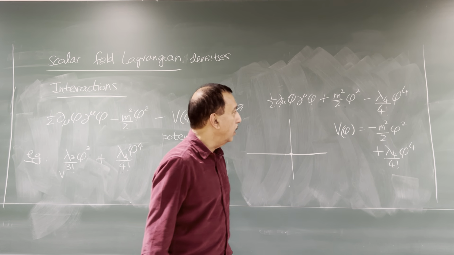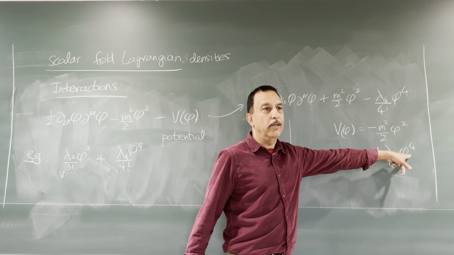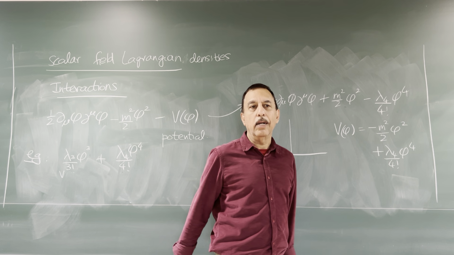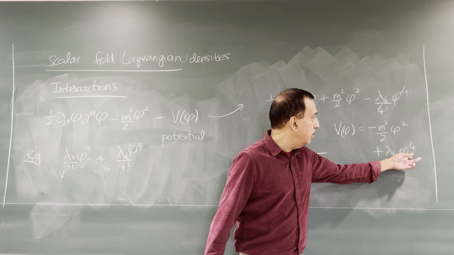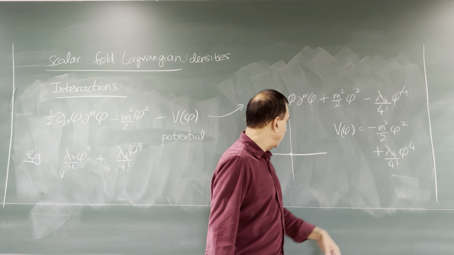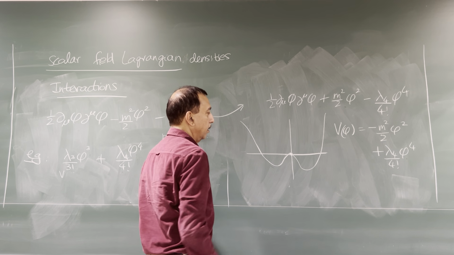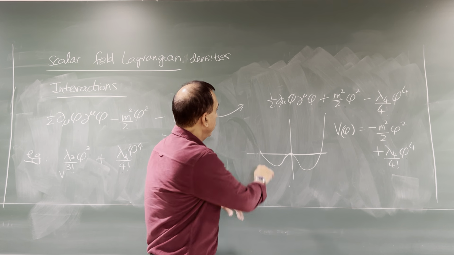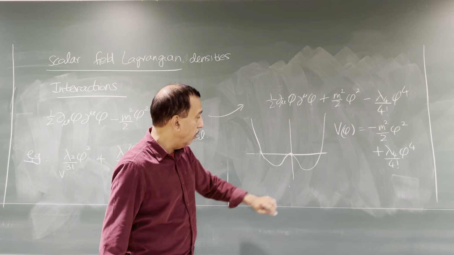The first thing to realize is that when phi is very large, this term is negligible and this is positive. So the potential is not unbounded below. On the other hand, when phi is very small, then this is negligible and this is negative. And so you easily see that the shape is like that. It has a double well like that, with a minimum here.